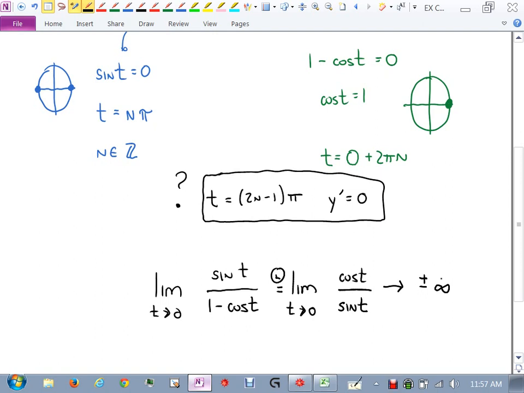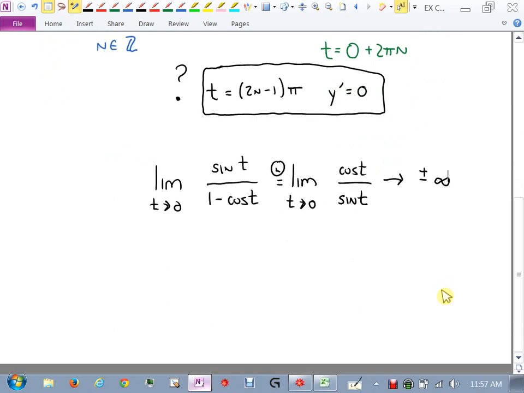It's becoming infinite. So my conclusion here is that when t is equal to any even multiple of pi, 2n pi, y prime is undefined. Or if you'd like to say, the tangent is vertical.